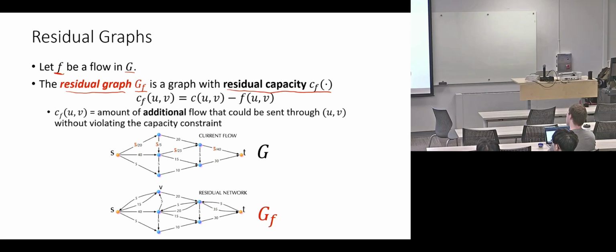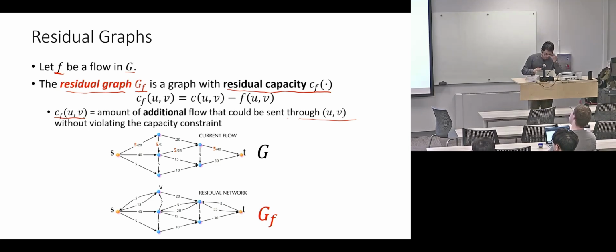You can think of the residual capacity c_f(u,v) as the amount of additional flow that could be sent through this edge without violating the capacity.